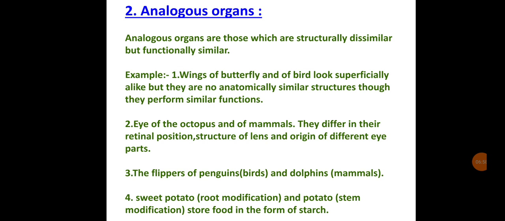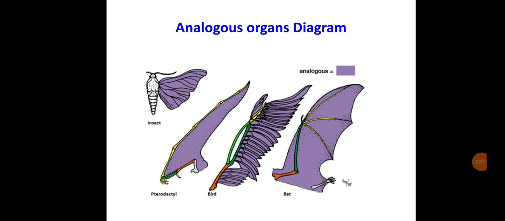The flipper of penguin, birds and dolphin, that is the mammal. Sweet potato, root modification, and potato, stem modification, store starch. Here this diagram shows the analogous organs. They look different structurally but they have the same function.